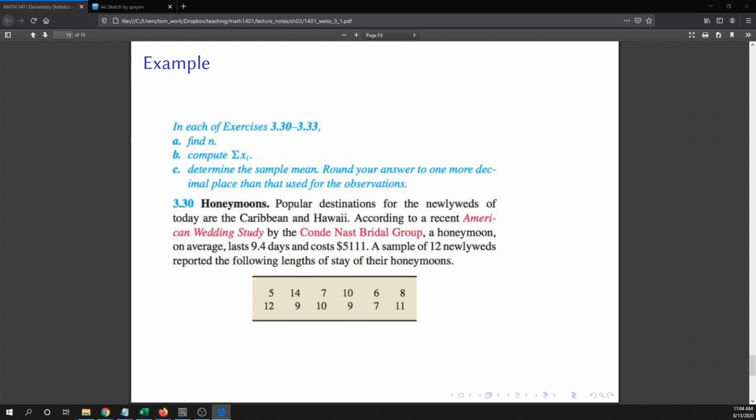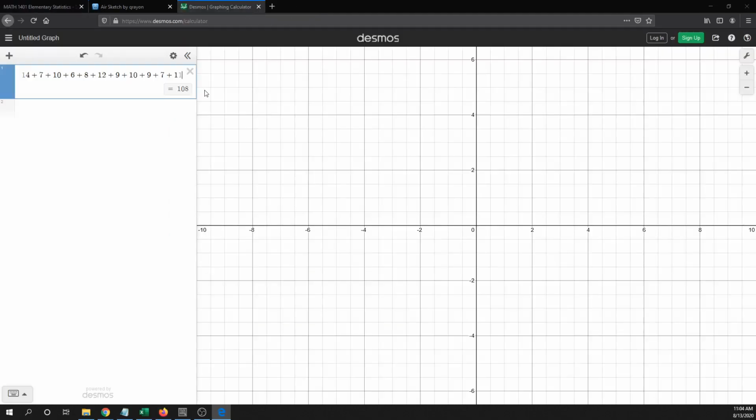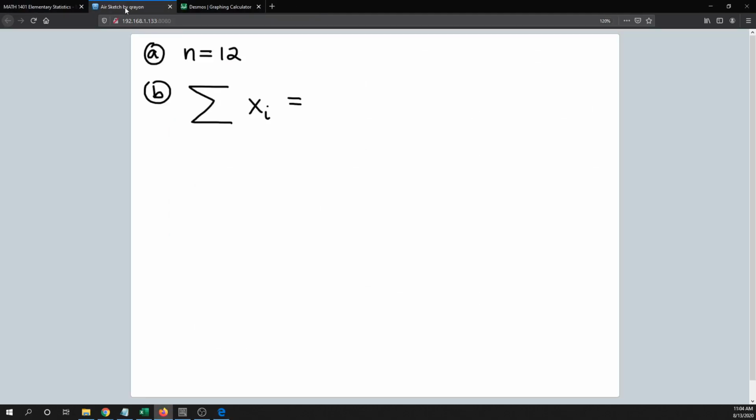I get 108 when I do that. So the sum of the x sub i's is 108.